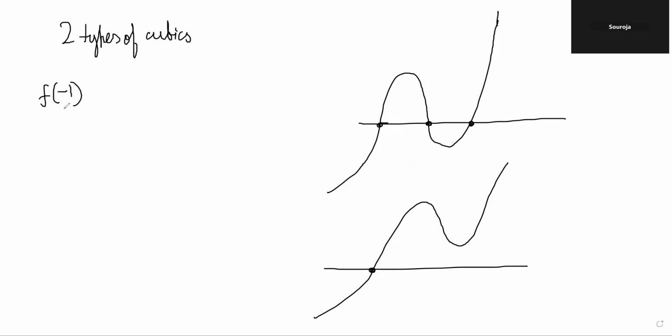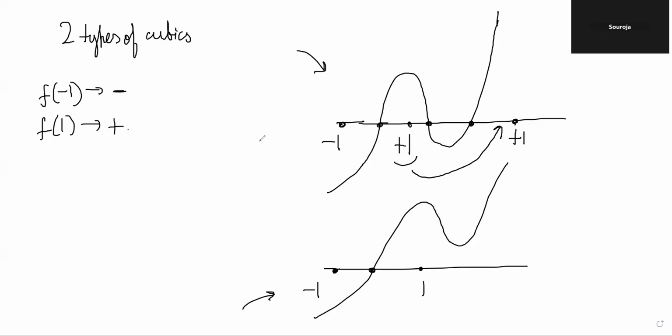We know f of -1 was negative and f of 1 was positive, right? So it could be two cases. Here it could be like this, or situation could be like this, or +1 could be instead here, right?